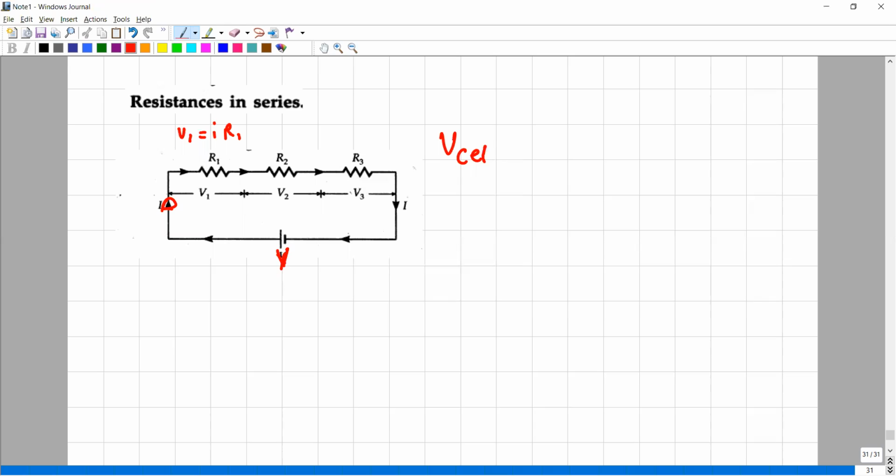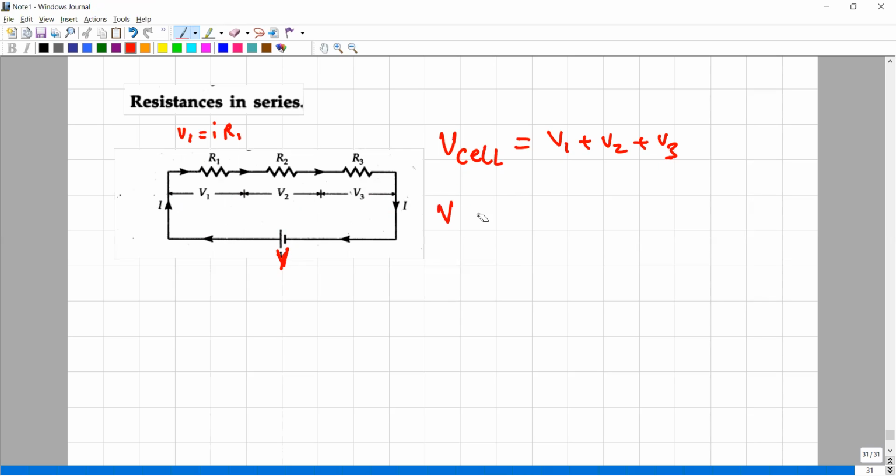The cell potential must be equal to the potential drop across these three, V1 plus V2 plus V3. Because the total energy spent in the circuit must be equal to the energy supplied by the cell.